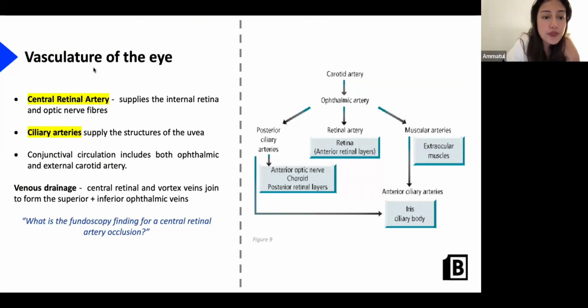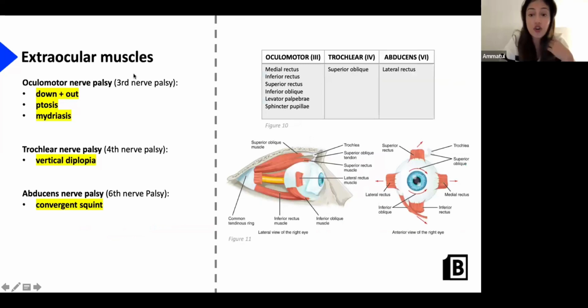Okay. So now we're going to cover a bit of the extraocular muscles of the eye. We've already spoken about the optic nerve, which involves the actual vision aspect. Now we'll talk about the oculomotor nerve, the trochlear nerve, and the abducens nerve, which are involved in the movement of the eye and the muscles of the eye.